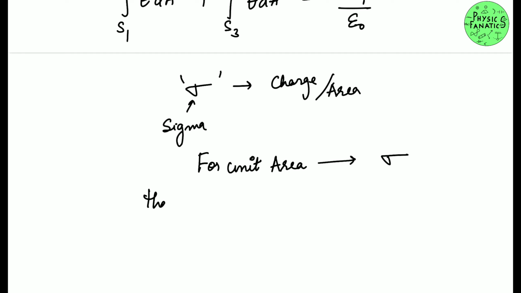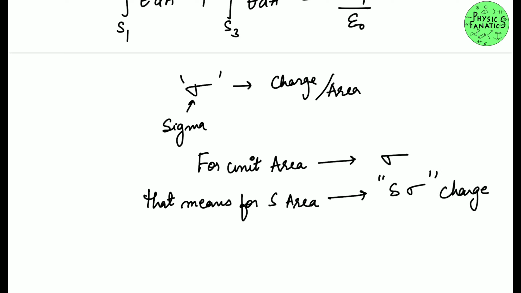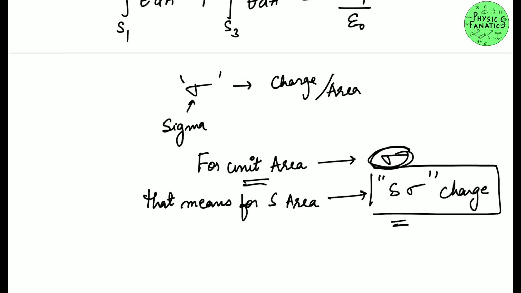That means for S area, S sigma will be the charge. Yes or no? I hope that is understandable to everyone. So for unit area sigma is the charge, so for S area S sigma will be the charge.